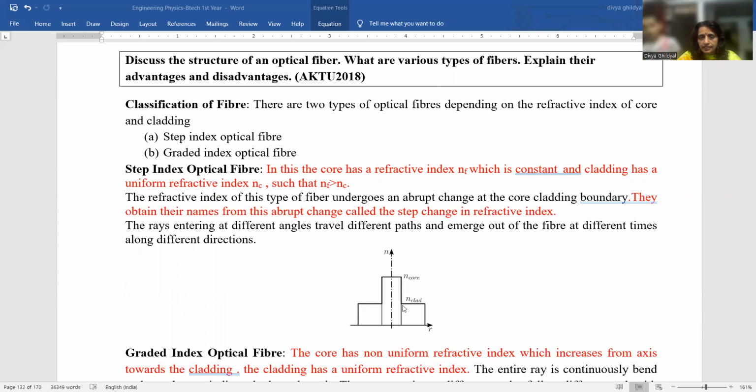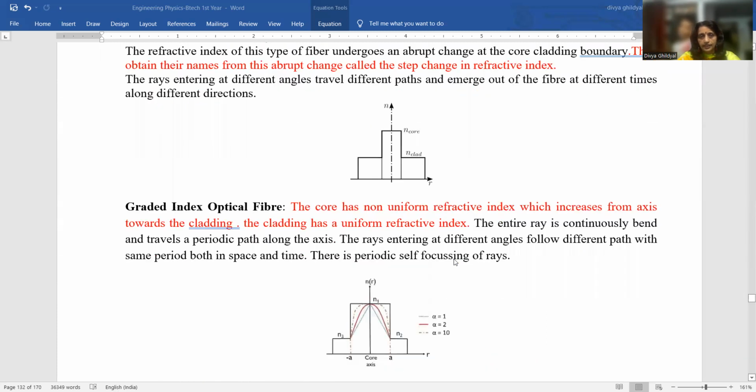You can see it is in the form of a step, and the refractive index of this fiber will go as an abrupt change at the core cladding boundary. They obtain their name from the step shape, and rays entering at different angles travel different paths and emerge out of the fiber at different times along different directions.